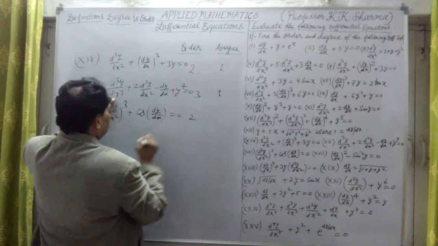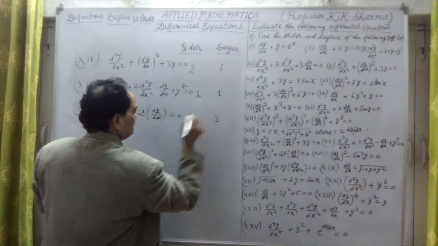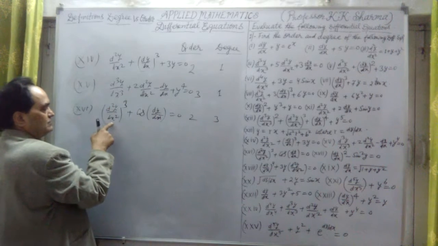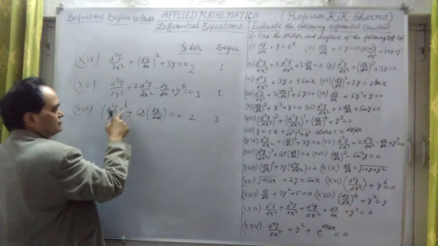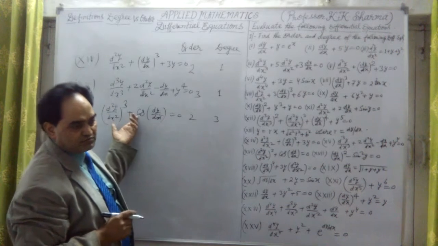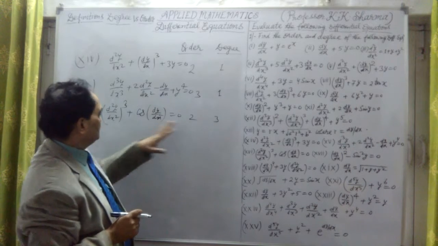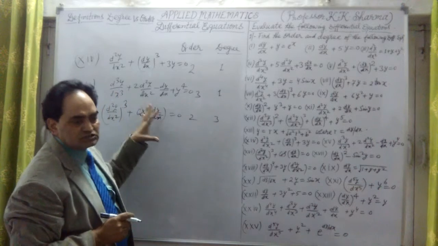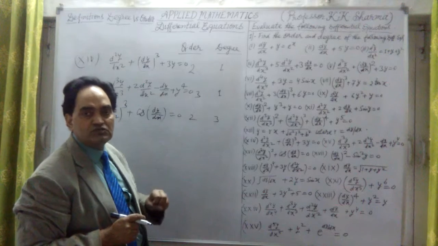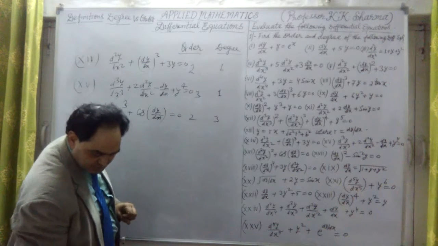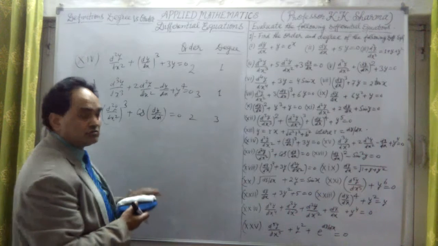Order is 2, degree is 3. Why? Because this d²y/dx² is repeated 3 times; its highest power is 3. So 3 is the degree. The power of the highest order derivative, the highest order differential coefficient, is known as the degree of that equation. That is the degree.